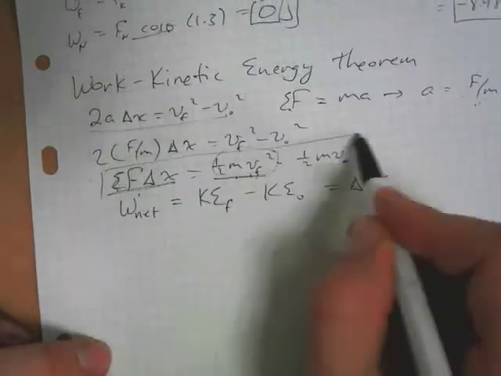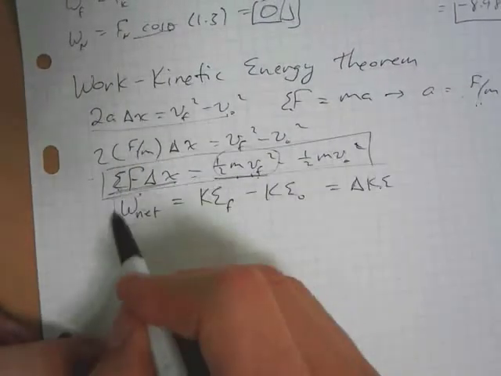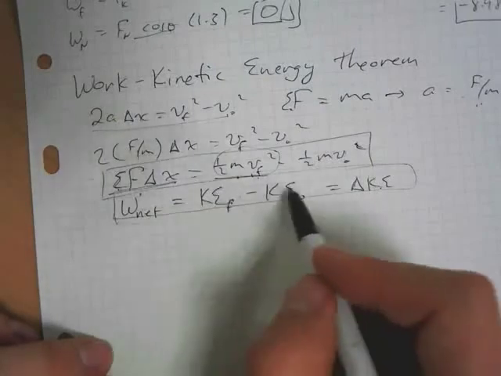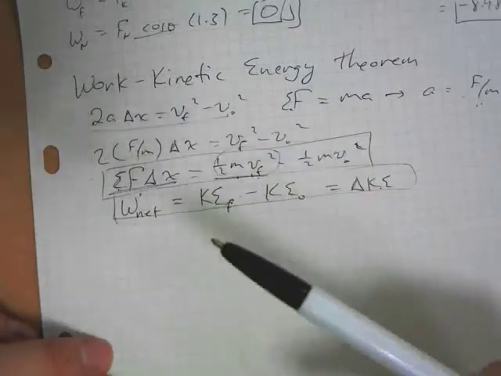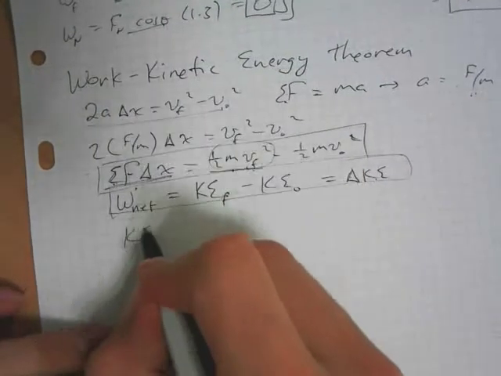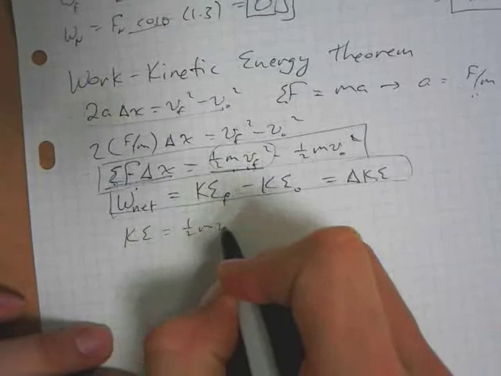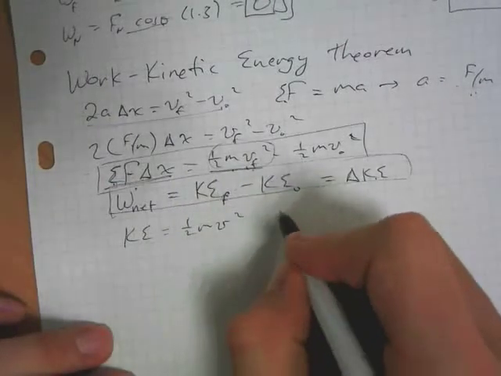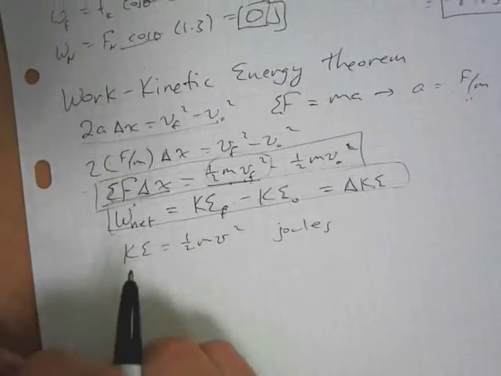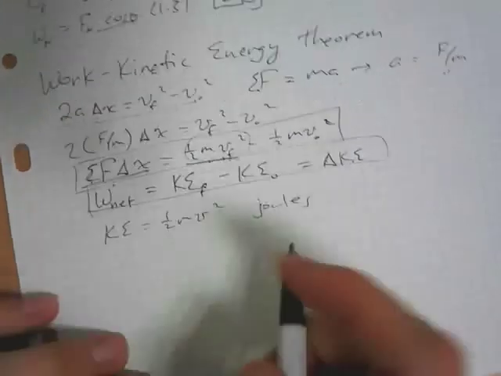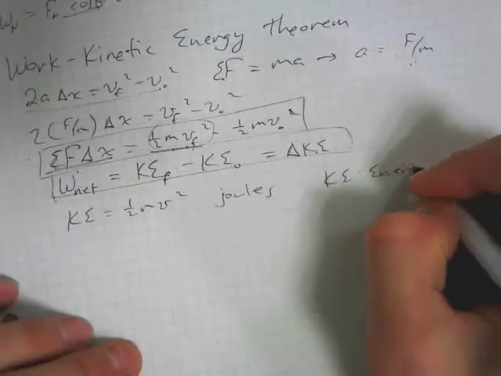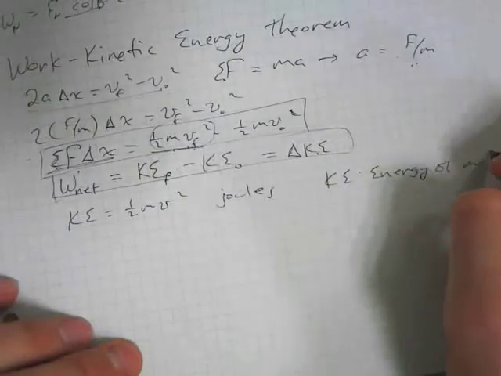This is the equation, and you can write it as KE final minus KE initial, the same thing just written more compactly, but then you'd have to know what KE is. As I said, kinetic energy is half mv squared. It has units of joules, just as work does, and kinetic energy is commonly referred to as energy of motion.